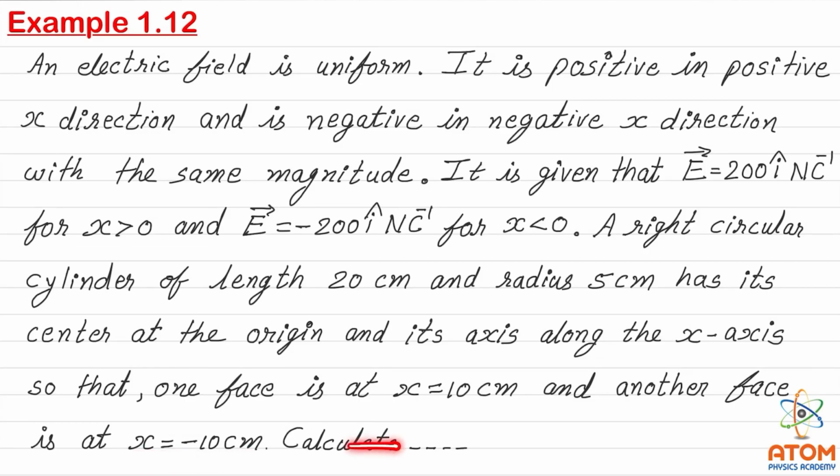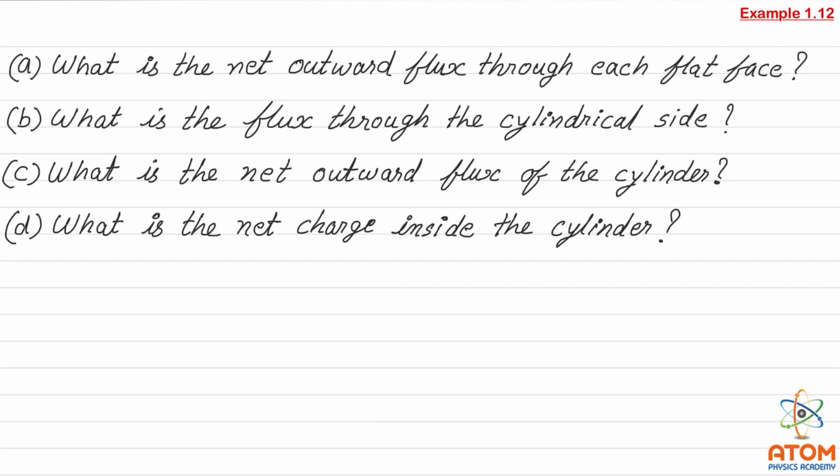Then calculate: A. What is the net outward flux through each of these flat faces? B. What is the flux through the cylindrical side? C. What is the net outward flux of the whole cylinder? And D. What is the net charge inside this cylinder? Let us see the solution.